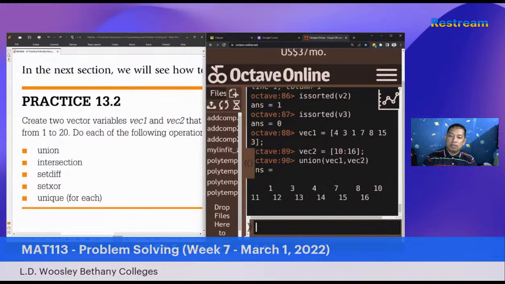So union. All right, so there's a union. A lot of union, we could see a lot of union here. And then intersection. Is there such a thing? Intersect of vec1 and vec2.